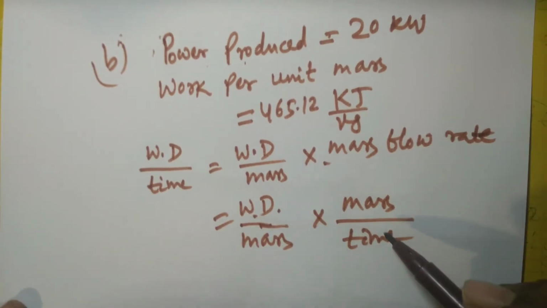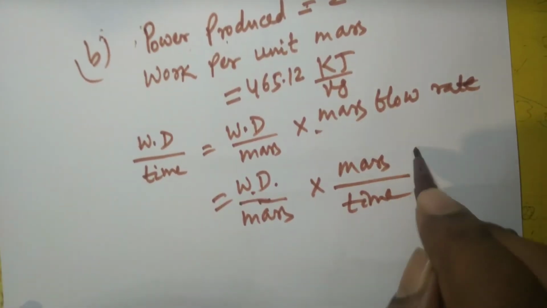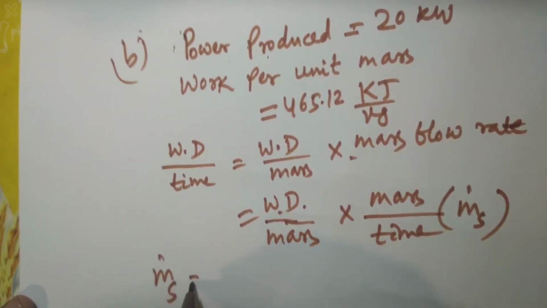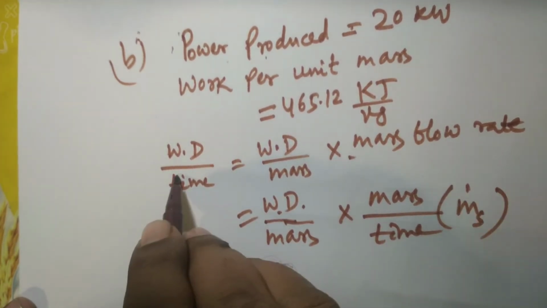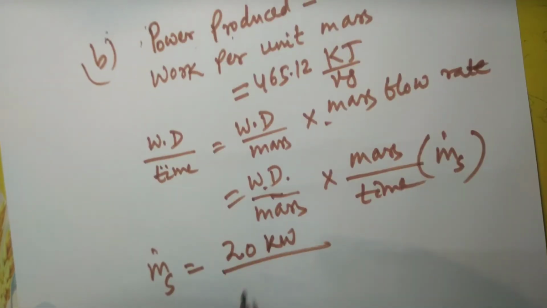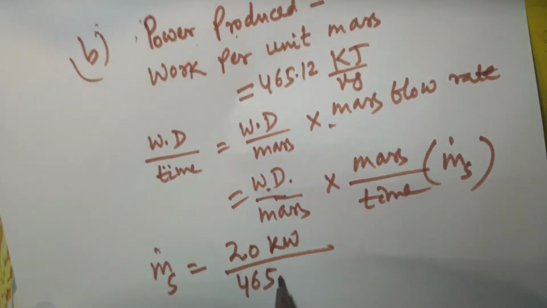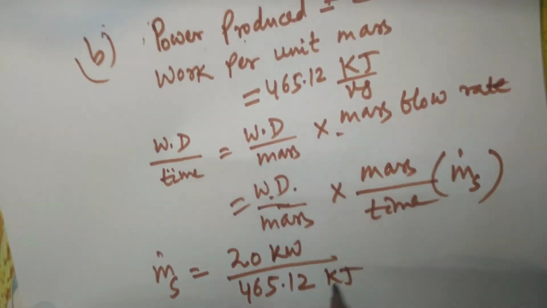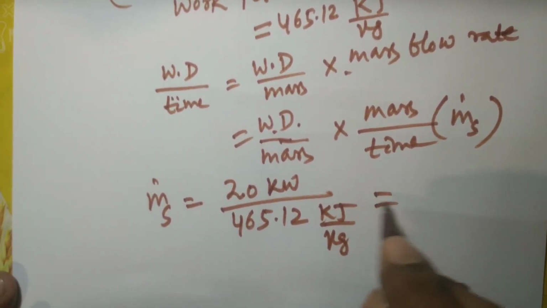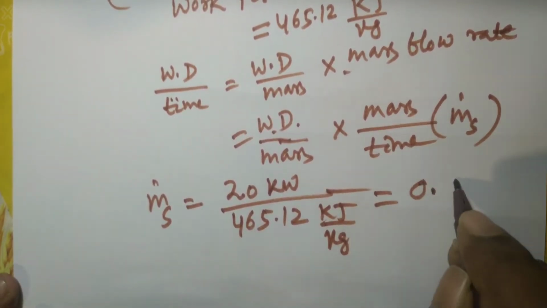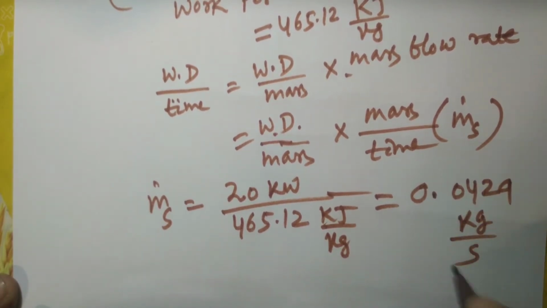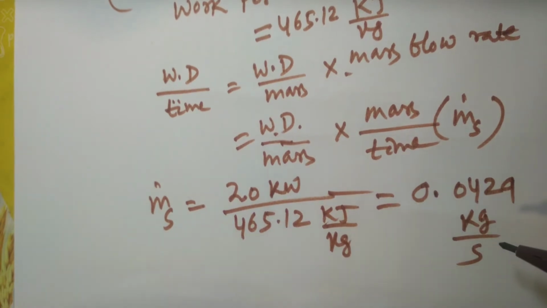So if you are to find out mass flow rate of steam, this is m dot s. So m dot s I can calculate. Power produced is given to be 20 kilowatt. Work done per mass is 465.12 kilojoule per kg. This is coming out to be 0.0429 kg per second. This is the mass flow rate of steam.